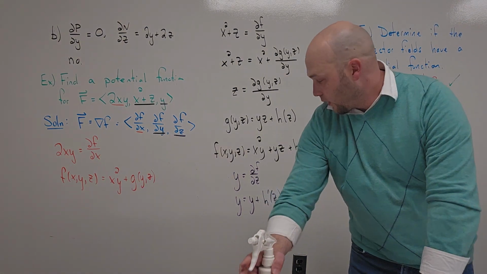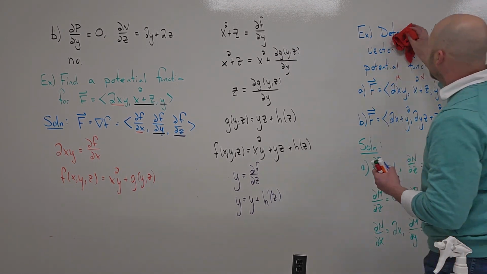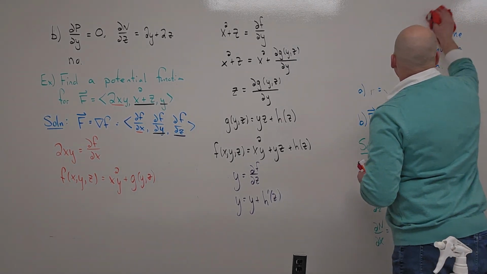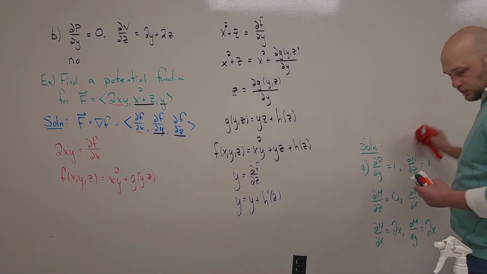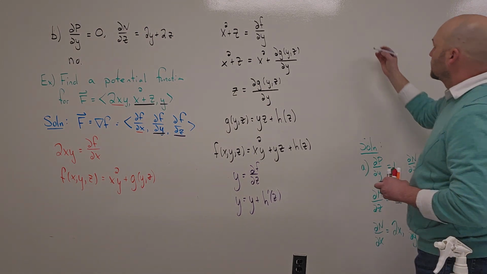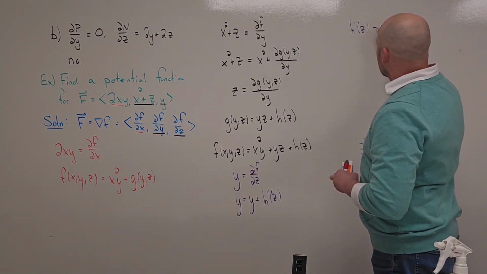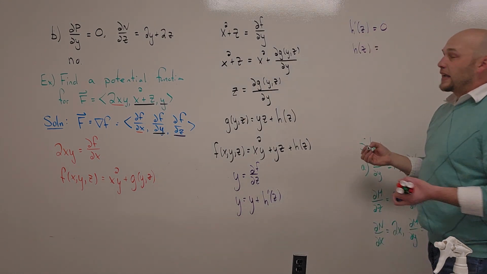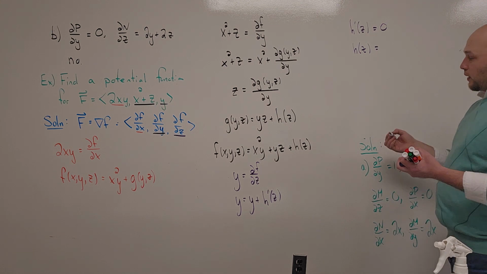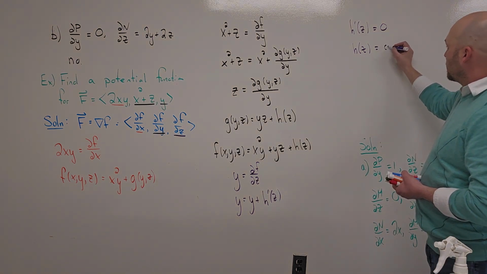Since that's an ordinary derivative, I don't need a partial derivative notation, so I can just use a prime. All right, therefore, h prime of z is 0, which means h of z is a constant. So I want to give a specific function, so h of z is equal to a constant.